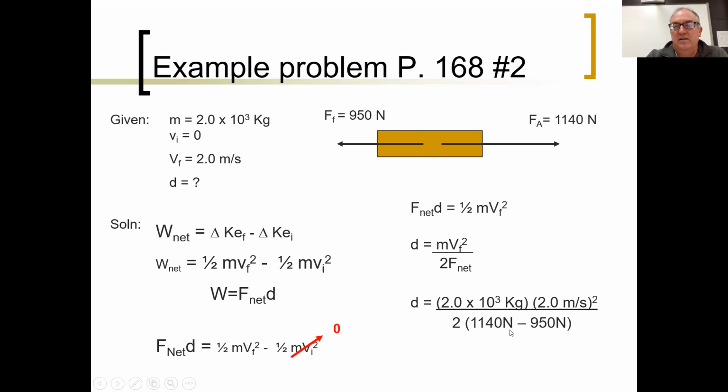I've subtracted my forces, my applied minus my friction, to get my net force. I didn't lose my 2 and my 1/2. It's down here now. Don't forget to square. All my units work out. And the distance that it moved is 21 meters.